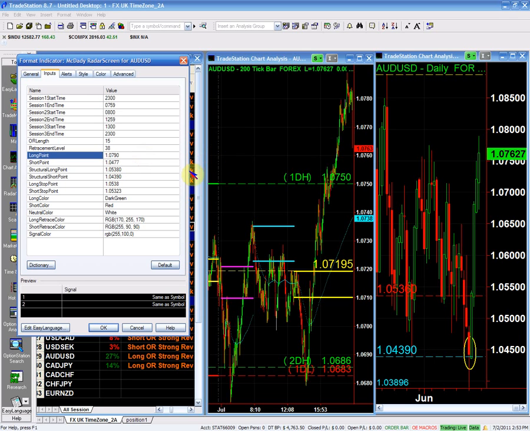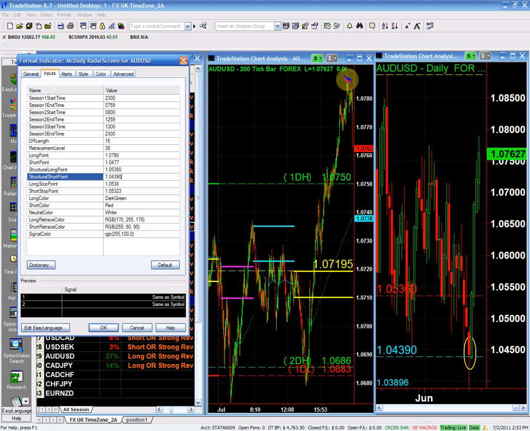Okay, and this now, the 104 becomes our structural short point. And remember, it's still our structural short point from last week, so it will remain the same. Let's see, so if I buy it at 107.90, I'm buying it right there.